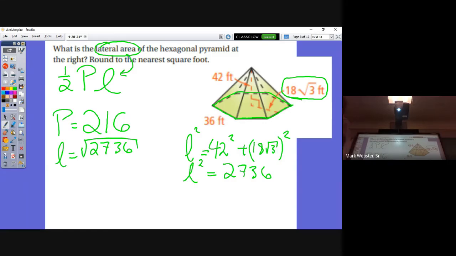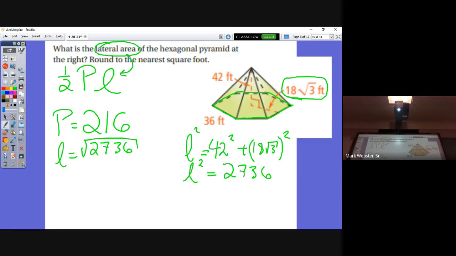Still having trouble? Yes. For that times, you're going to add 42 squared. I did too, but that's because you didn't bracketize the 18 and then 3 and then put a square.